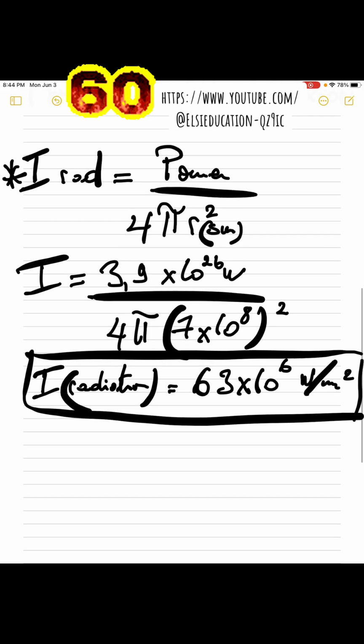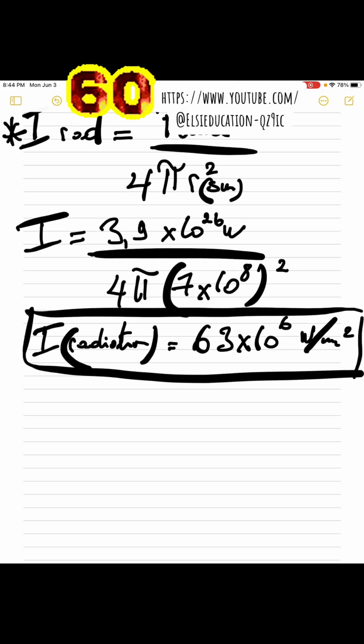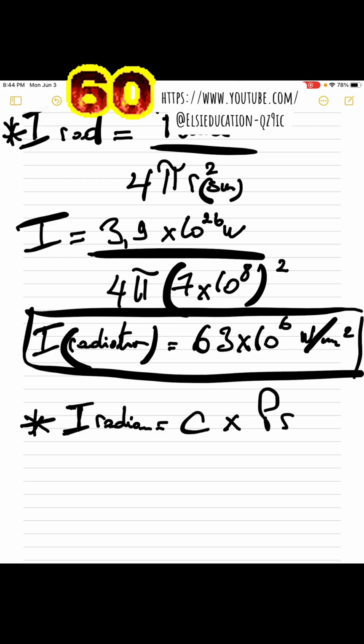And then, to know the pressure of the irradiation, the intensity of the irradiation is equal to the speed of light multiplied by the pressure.